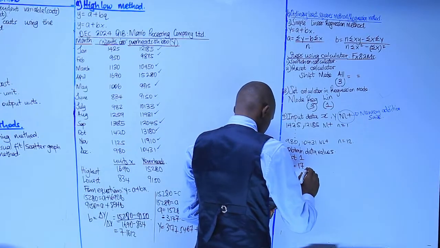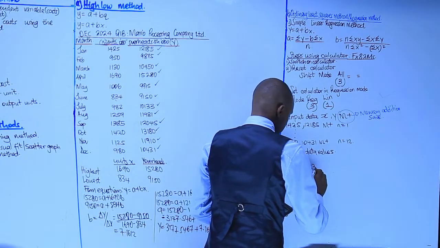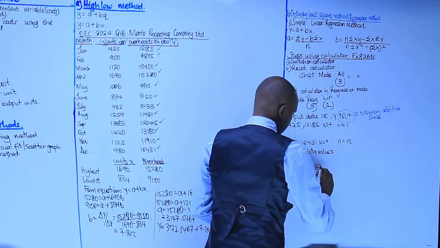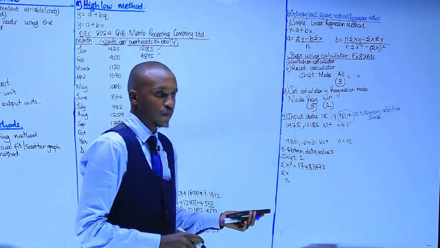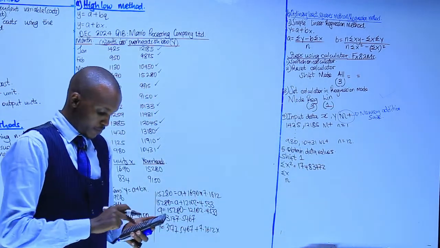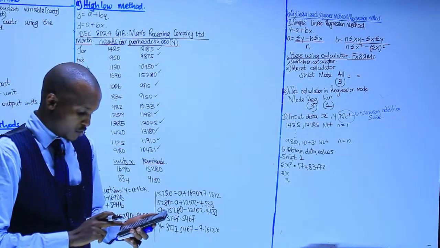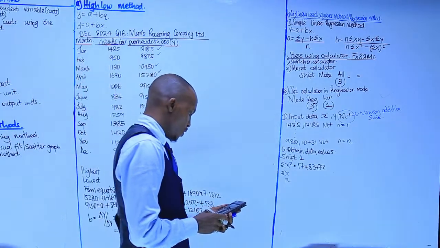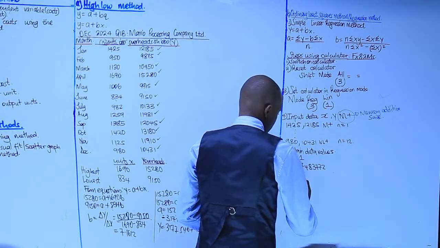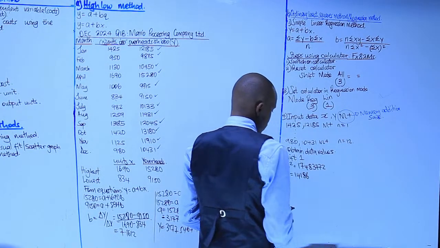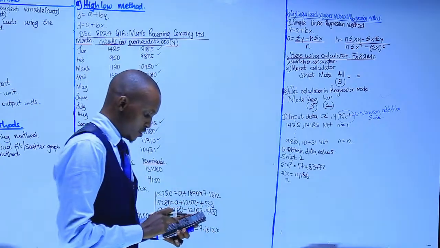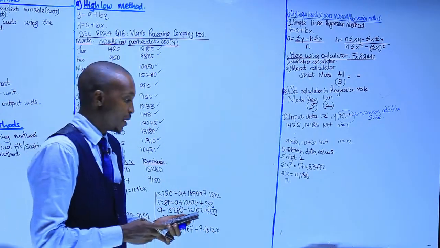That will give me 17,483,772. Press shift 1 again. When I want the summation of x, I simply press 2, then equals: 14,186. Shift 1, then n is given by number 3.